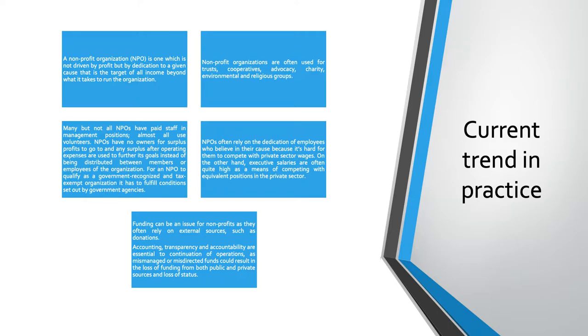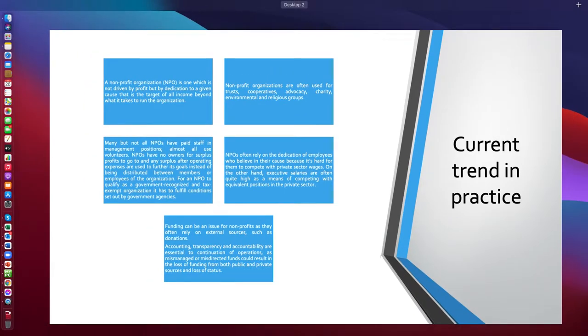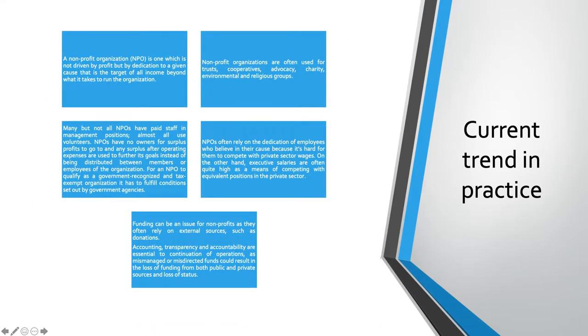Accounting transparency and accountability are essential to continuation of operations, as mismanaged or misdirected funds could result in the loss of funding from both public and private sources and loss of status. So it's important for them to also have their accounting straightened up. And therefore, it's important for us as well to be knowledgeable just in case we want to be part of a nonprofit organization.